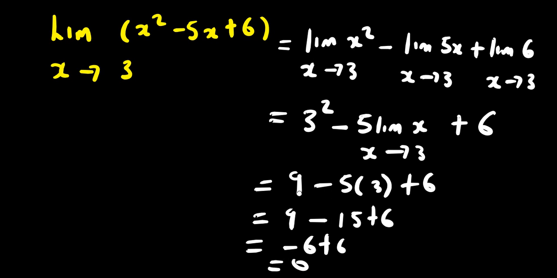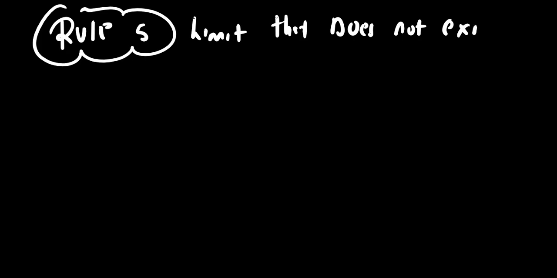So this is how you solve these limits. Now sometimes the limit cannot exist. So rule number 5, a limit that does not exist.